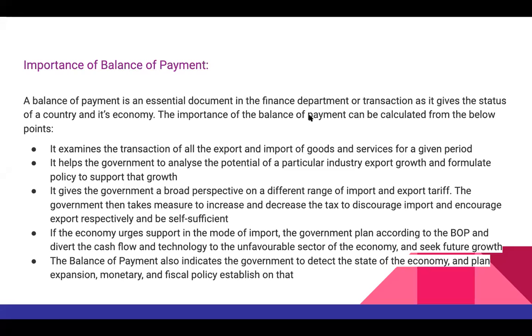It gives the government a broad perspective on a different range of import and export tariffs, right? And the government then takes measures to increase or decrease tax so as to discourage import and encourage export.